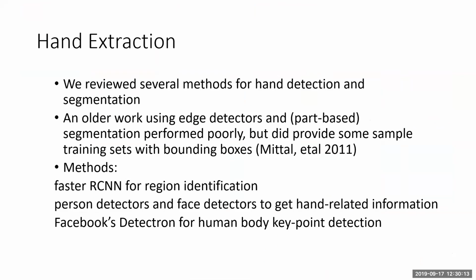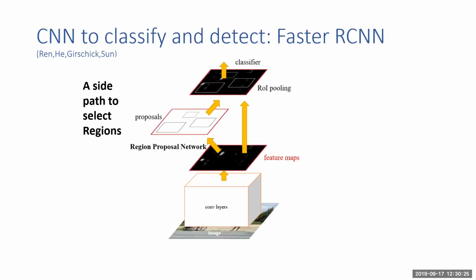We also looked at applying this to hands. I have several slides on this, but I'm just going to cut to the chase: hand extraction is a lot harder. There are some examples in convolution networks of building networks that help you extract where objects are, and they give you a box.